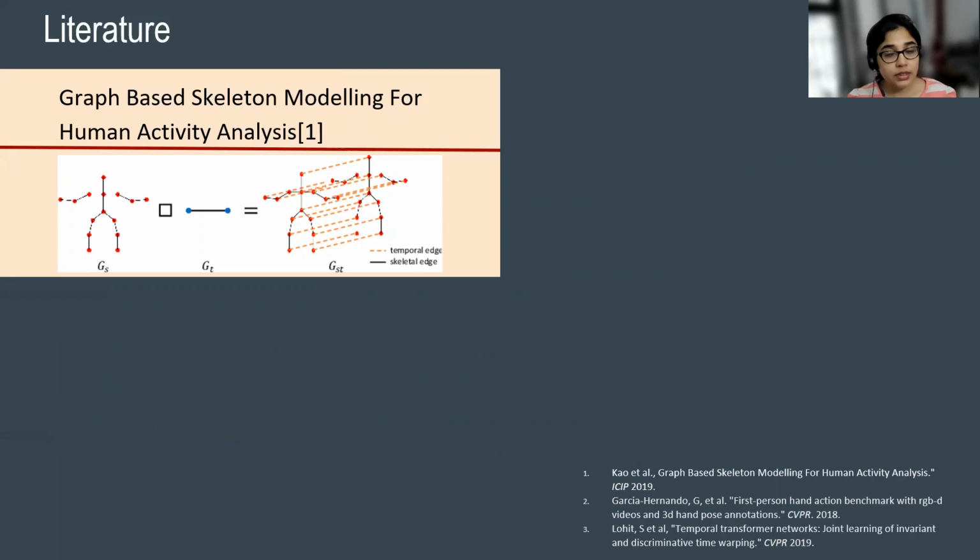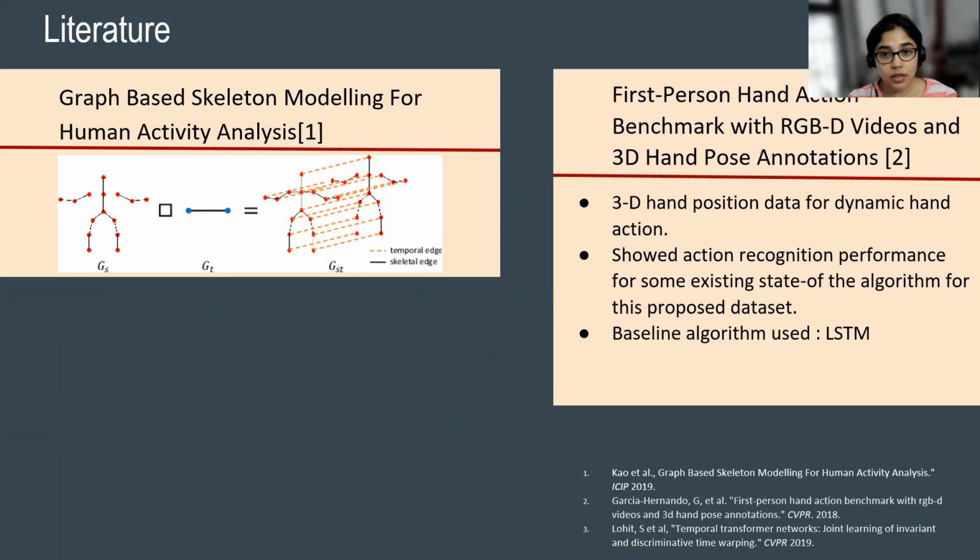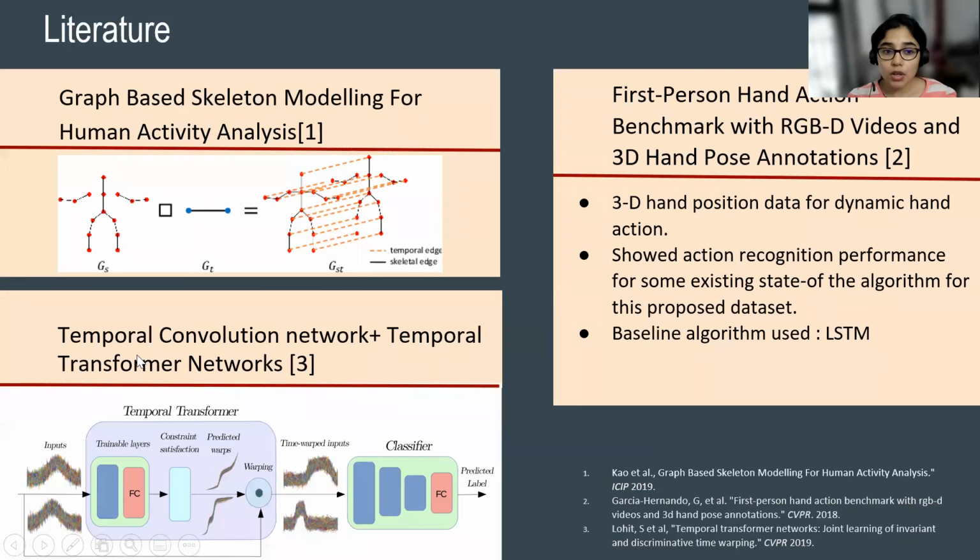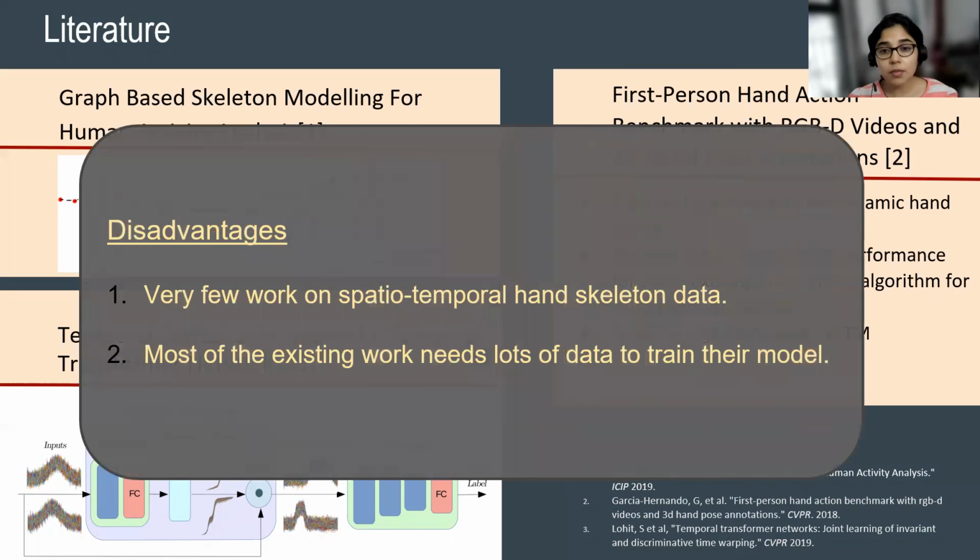So in literature, there is work on full body skeleton data where people used graph-based methods, but there are very few works on hand skeleton data, and the work which is there in literature used very complicated models, for example, LSTM or temporal convolutional network with temporal transformer network, but all of them need a lot of data.